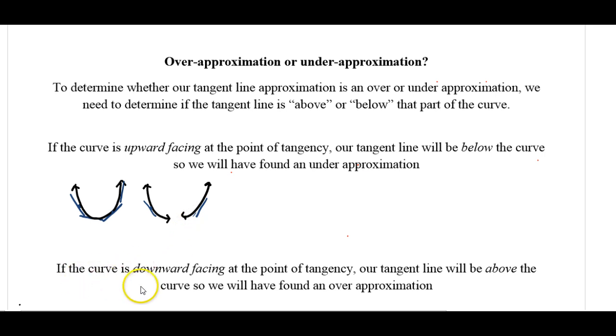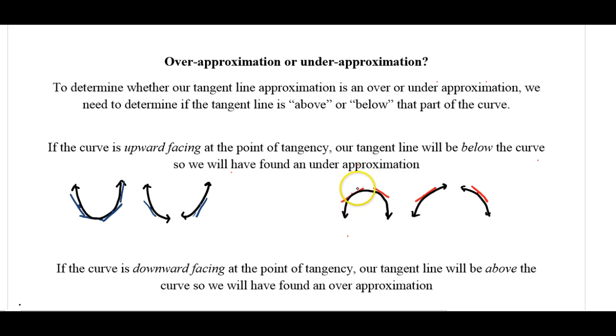And then if the curve is downward facing, so we're thinking about the exact opposite here. So we have a parabola with a negative leading coefficient, so this bowl that cannot hold water, or half of a bowl in that same type of position. Any tangent line that I were to draw at any point on one of these downward facing curves, we'll notice now these red tangent lines are above the curve.